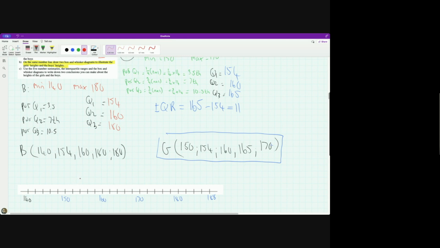I'm going to go from 154 to 165 and draw my box. What else has to go in there? I want you to think, what else has to go into this to make this a box and whisker plot?